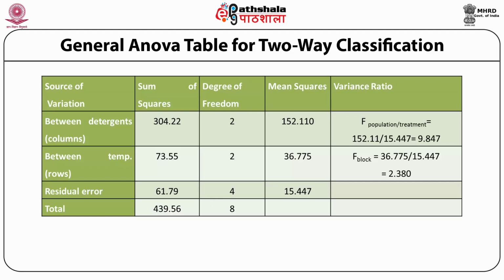The degrees of freedom are df1 is equal to 2 and df2 is equal to 4. So looking at the F distribution table mostly given at the back of the statistical books, you can find out the value of F table and that is also called the critical value.